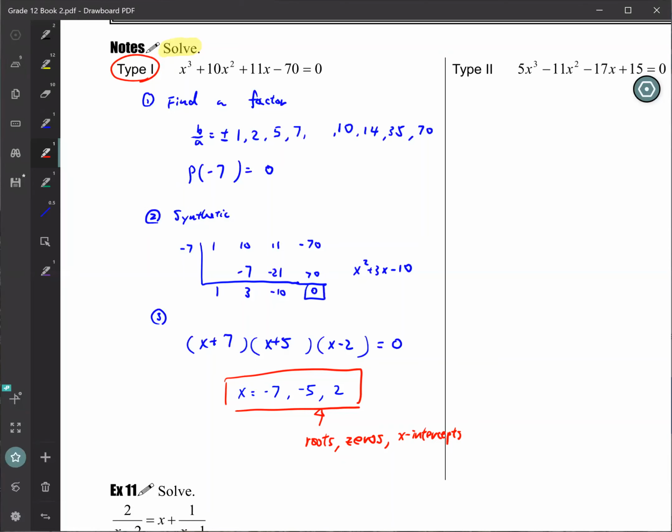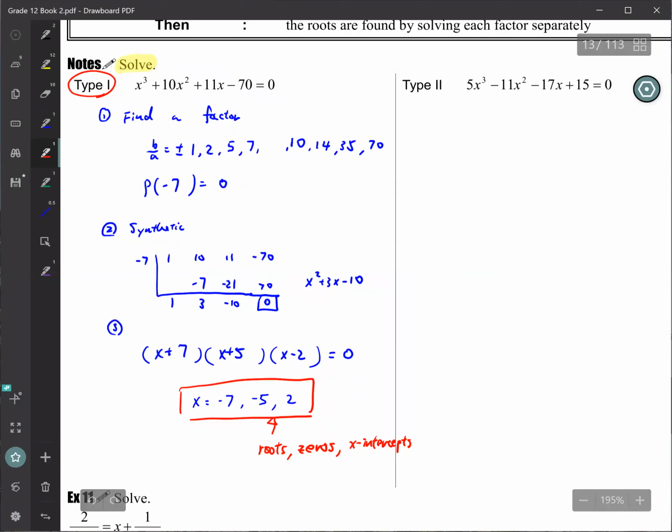Okay, let's do one more. We have type 2. See how it's different. Please proceed, same thing. We're going to do step 1, 2, 3: find the factor, synthetic division, and then factor.